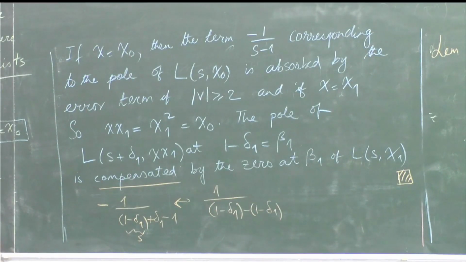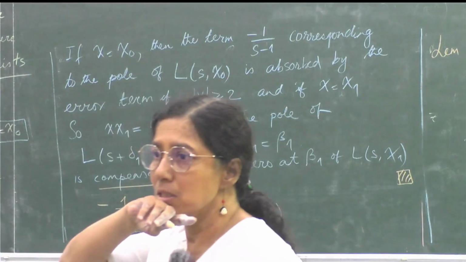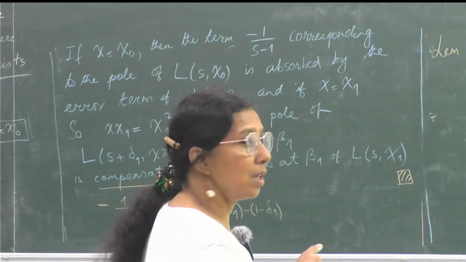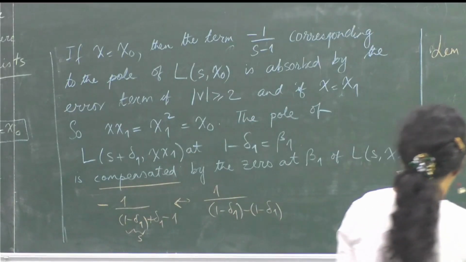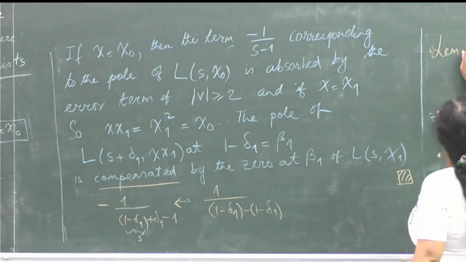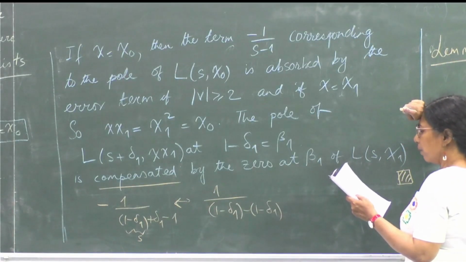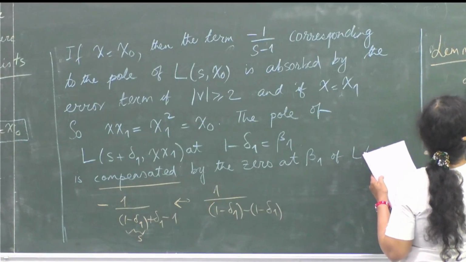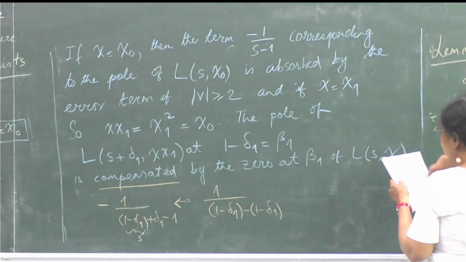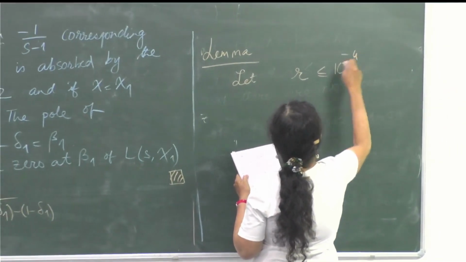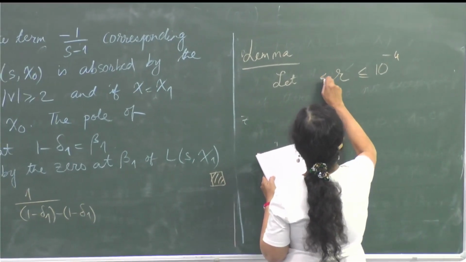This chi 1, yeah, this is the exceptional chi 1. Now, I told you that the bounds here are all nice. So I'm going to take R to be something between 10 to the power minus 4 and 1 by log t.